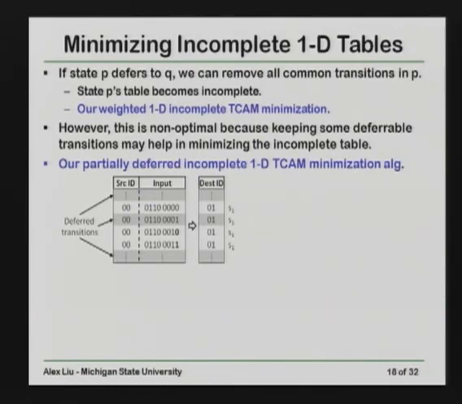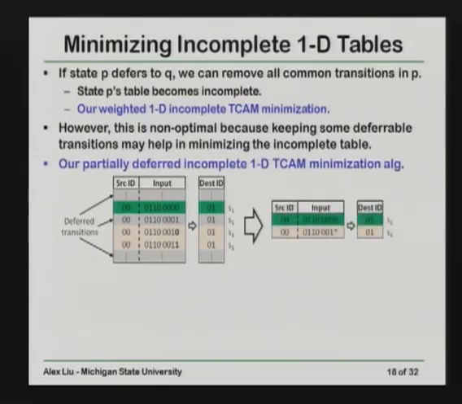Here I just show you the possibility. For example, suppose for this table, those gray entries in the shadow can all be deferred. If we delete all of them, we will end up with 2 entries. One is this green one, and the other combines these 2 entries by replacing the last bit by star.